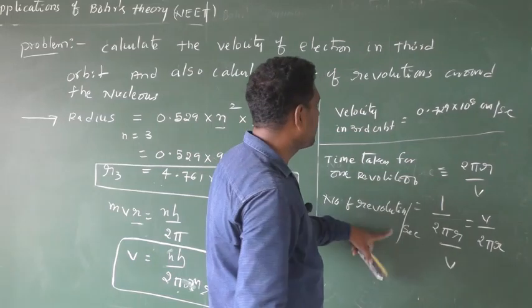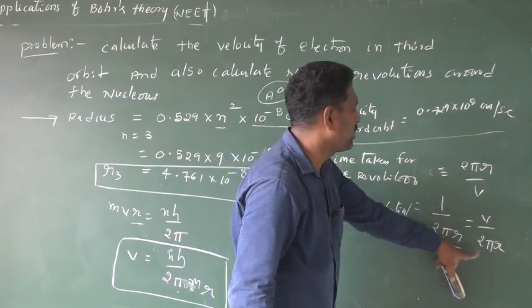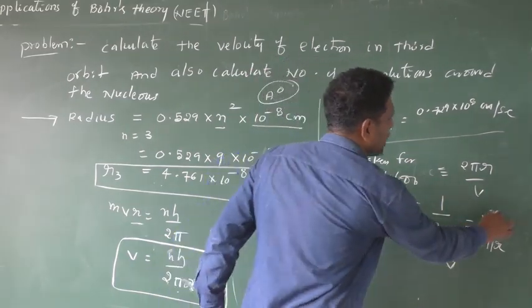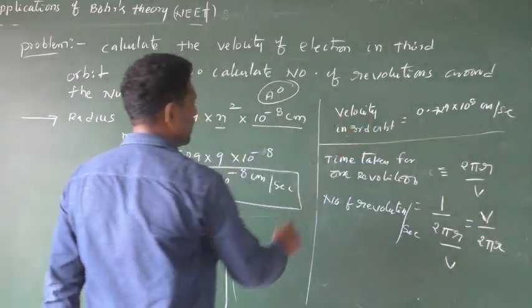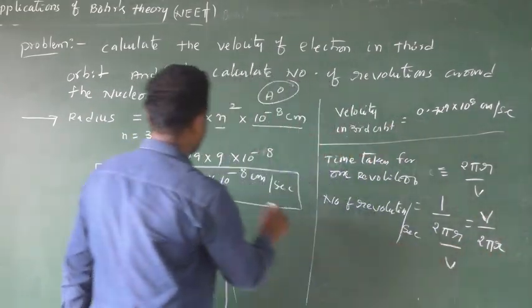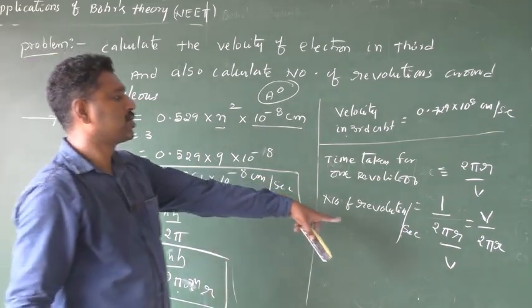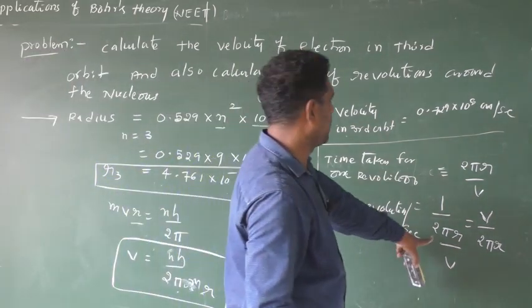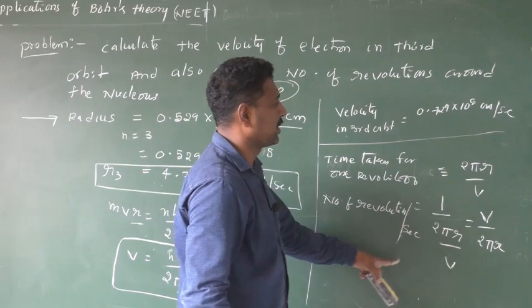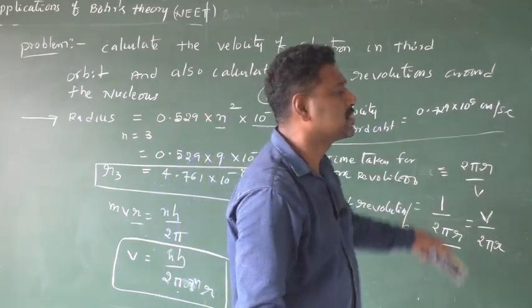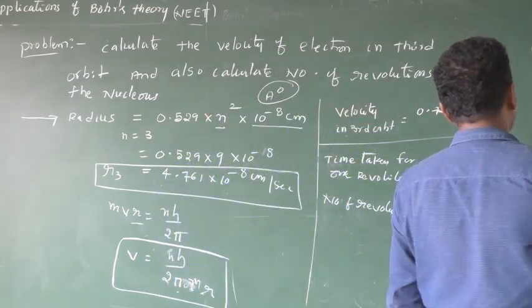So number of revolutions per second is 1 by 2 pi r by v, that is v by 2 pi r. By substituting the velocity, which we know, and r value, which is already calculated, we get the number of revolutions per second. So this is one type of problem we can calculate.